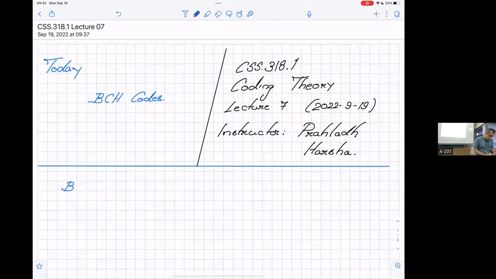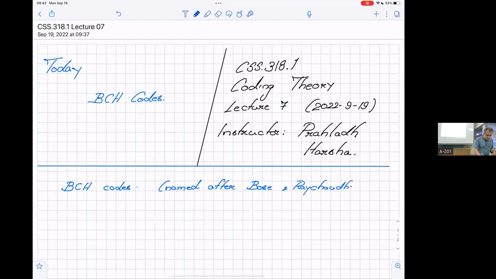BCH code. These are named after their discoverers. It was two sets of work. Bose and Ray-Chaudhuri is the first one.